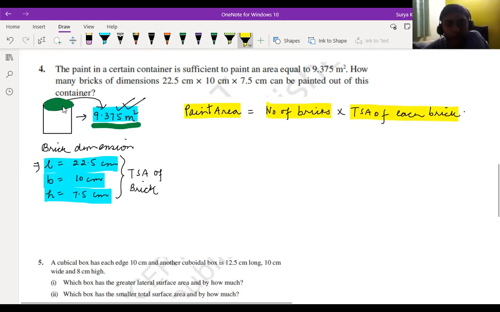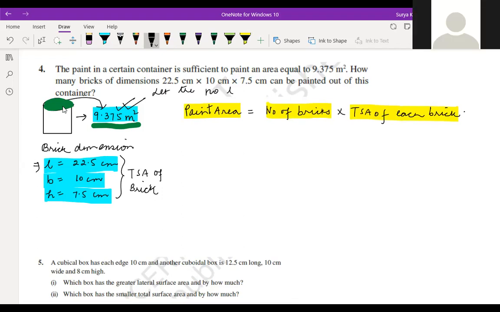Yeah, first write the line: let the number of bricks be X. Is it clear, children, or not? Yes, sir.